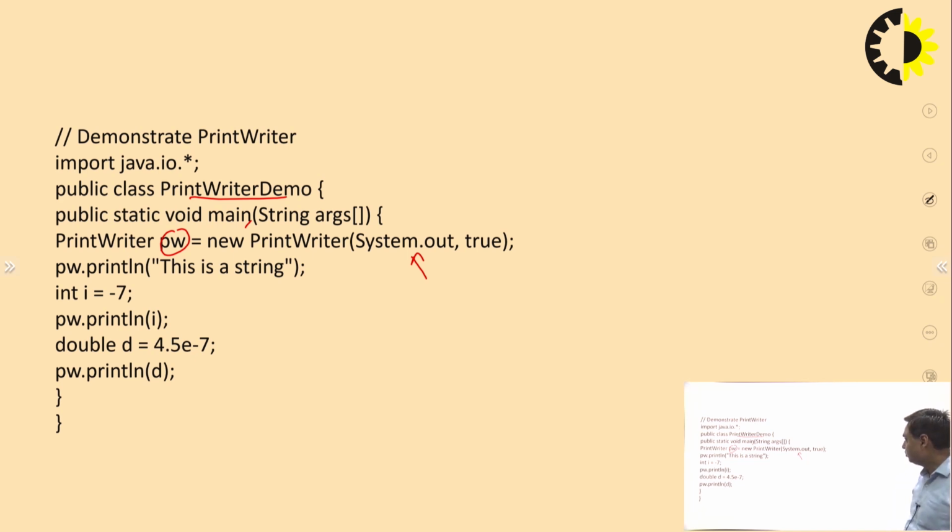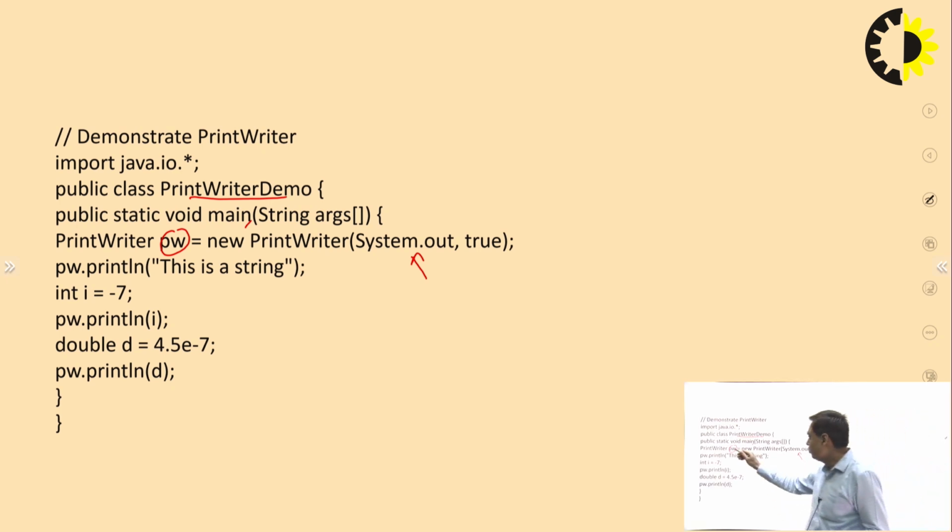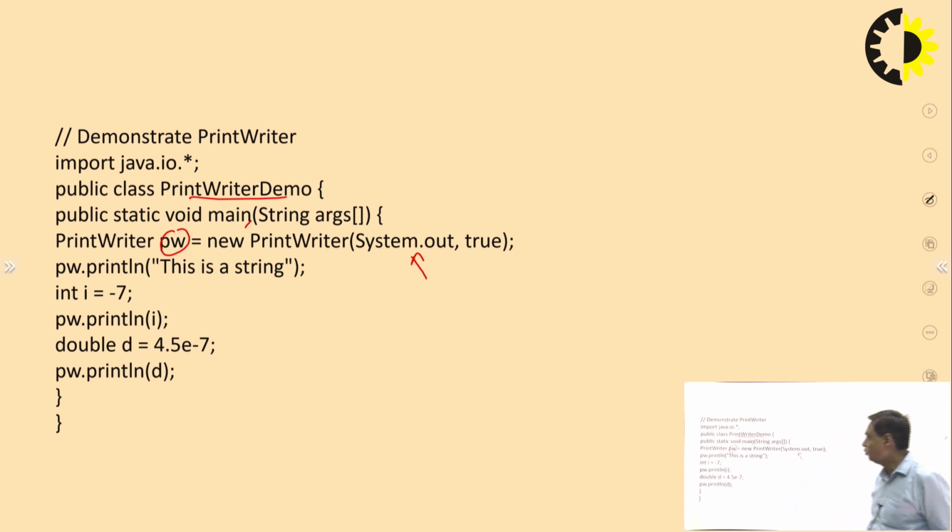It is wrapped and a character stream object has been created, pw, and we are using pw as the character stream object for displaying purposes. So, instead of System.out.println, we are using the PrintWriter object to display any content on the screen.